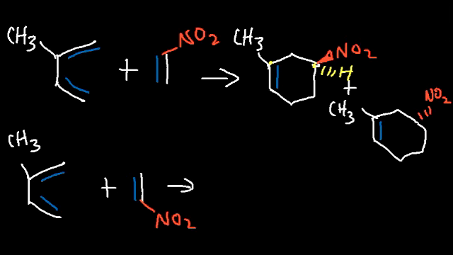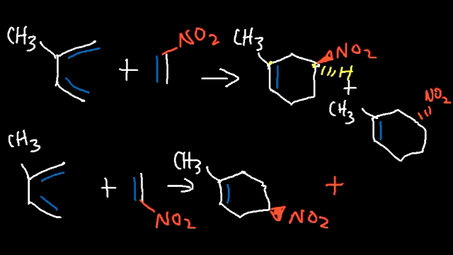And if that happens, it's possible that we can get a different product. So we can get this product instead. And we can also get the enantiomer, where instead of putting the NO2 on the wedge, we can put it on a dash. So we can get up to 4 different products as this example illustrated.